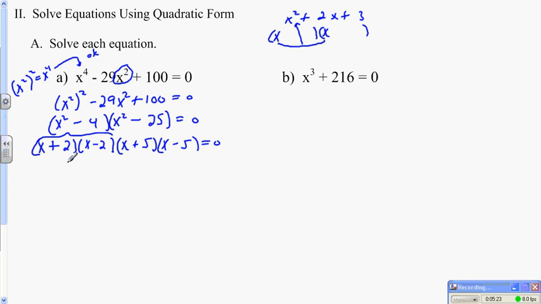And that tells us that the solutions are negative 2, 2, negative 5, and 5. And this is a degree 4 polynomial, which means we could have up to 4 solutions, and we did.